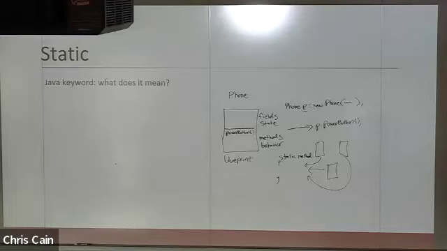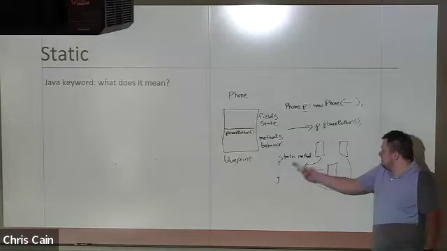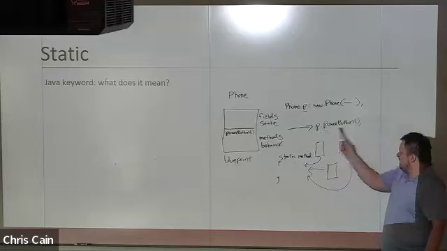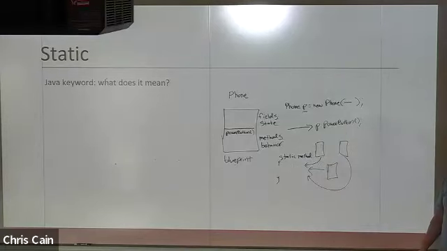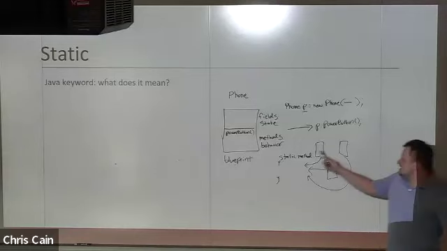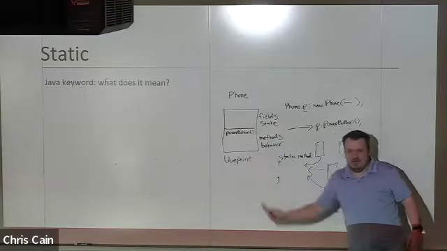Does that make sense? Has anyone seen an error thrown in Java that says cannot reference a static environment from a non-static method or vice versa? Usually this happens when you're trying to reference a static method from an object, like saying p.powerbutton on a static method, or you're trying to access something that is an instance method from main.